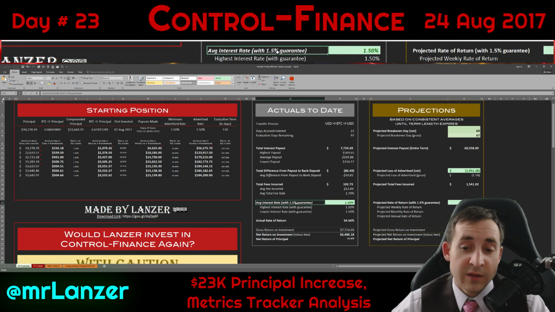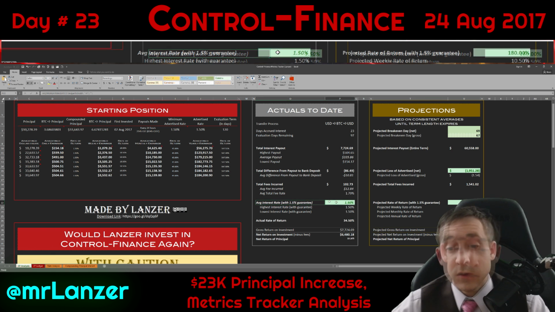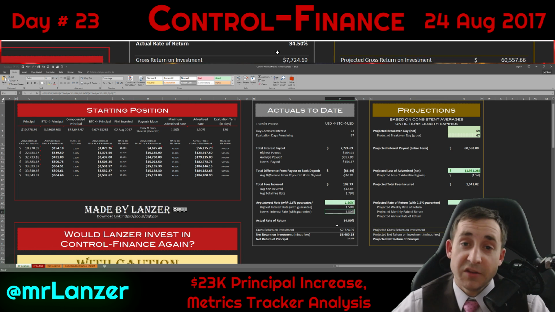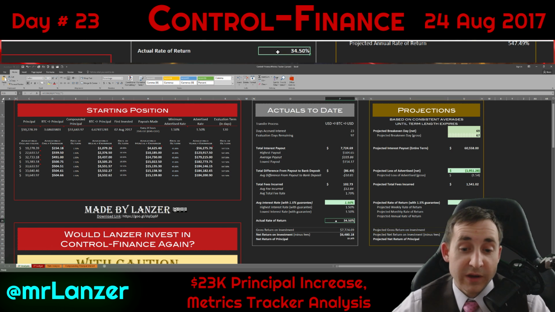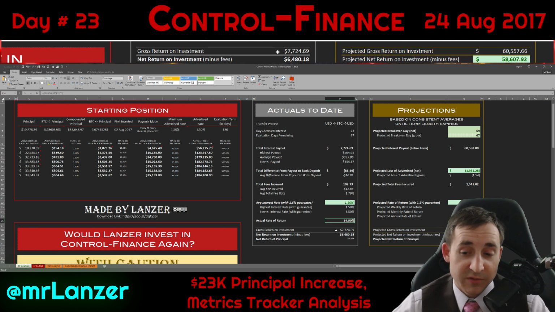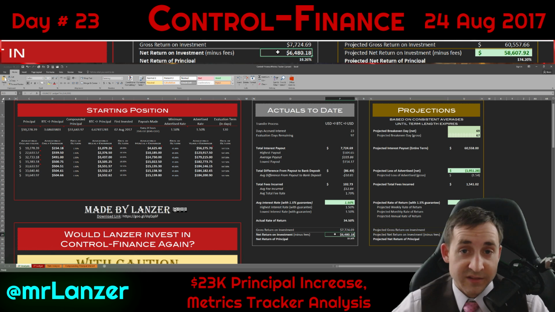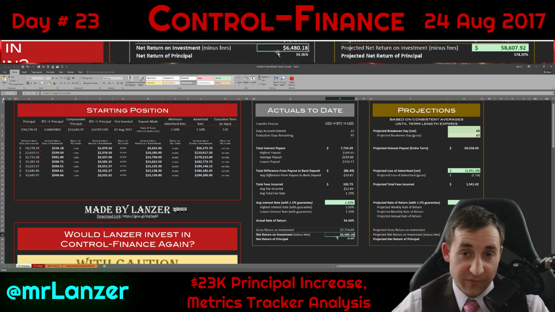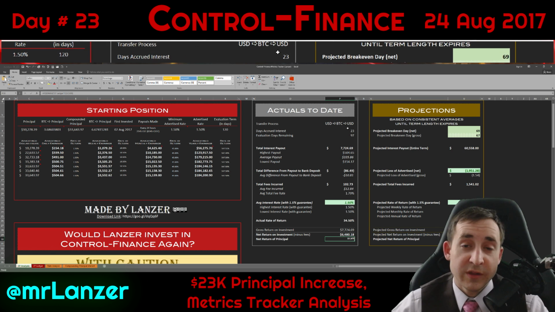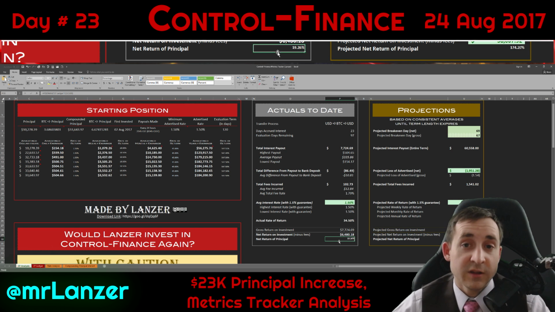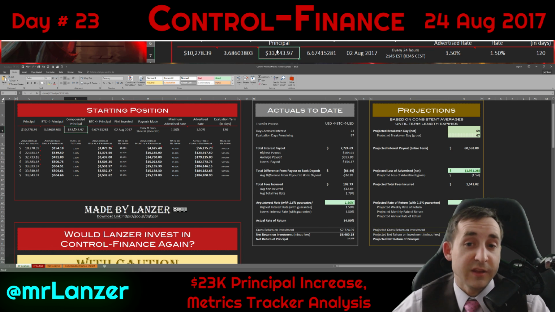The average interest rate, 1.5 was guaranteed, 1.5 was received; highest, lowest, hasn't changed. So that means my actual rate of return so far is hovering at 34.5%. I have grossed $7,700. My actual net in the bank is $6,400, giving me a 19% return on my principal. After 23 days interest accrued, I have netted 19% of my current active investment, which is now $33,000.